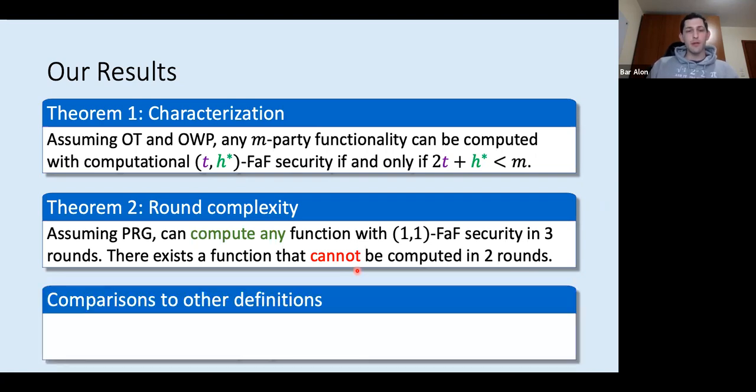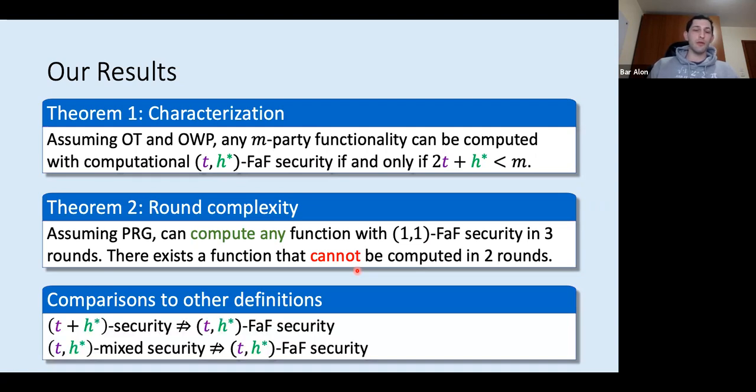And finally, we also give comparisons to other definitions. In addition to comparing it to the classical definition, we compare (T, H*) FAF security to (T + H*) security. You can think of it as taking the semi-honest parties and the malicious parties, and now they are being co-opted by one entity, one malicious adversary. This is the T + H* notion. We show that it doesn't necessarily imply (T, H*) FAF security, like I mentioned earlier.